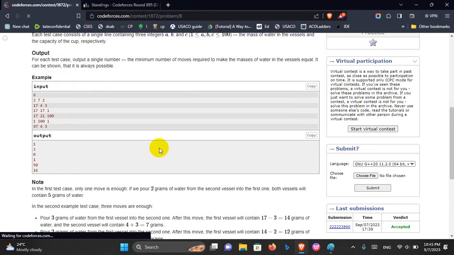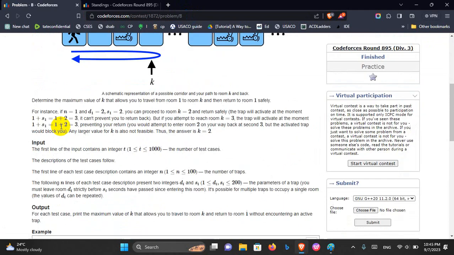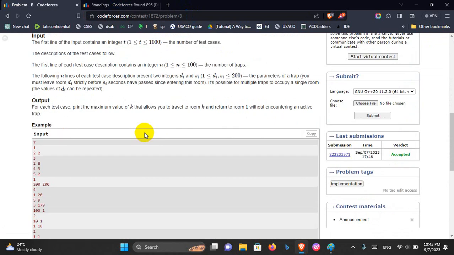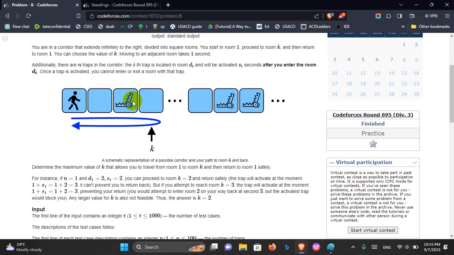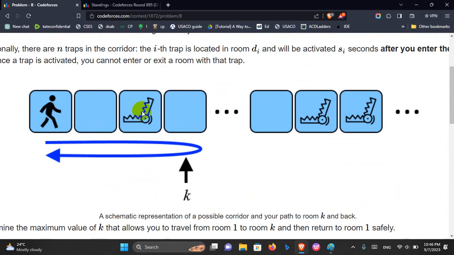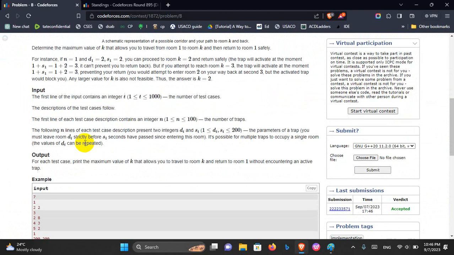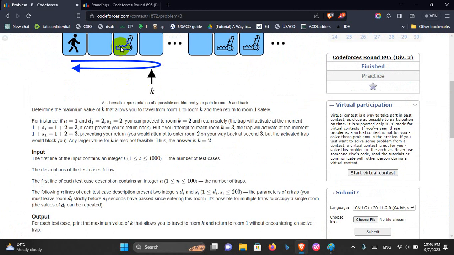This is also a good problem. It is kind of a math problem. Stop the video and try reading this problem statement and understand what it means. Here we start from here, and whenever we get into a trap, we have this time S_i, and D_i is the distance of this trap.